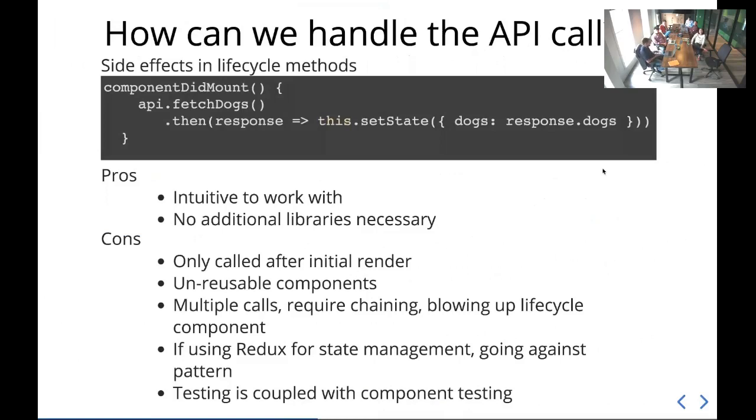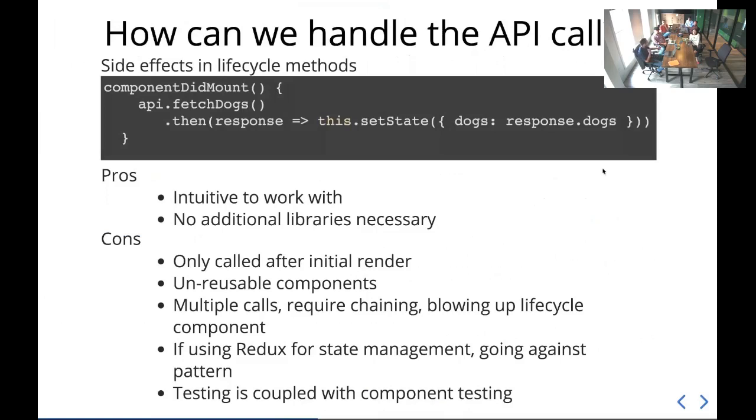The pro is that it's intuitive, with no additional libraries, but the con is that oftentimes that means marrying your business logic with your component, reducing your ability to reuse it in other places, your ability to test it cleanly, and your ability to have multiple calls at the same time, because then you have to create long .then chains or come up with different ways to manage how your data is returned and how you're going to process it before you pass it on to the next call.